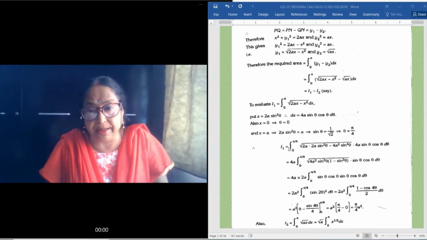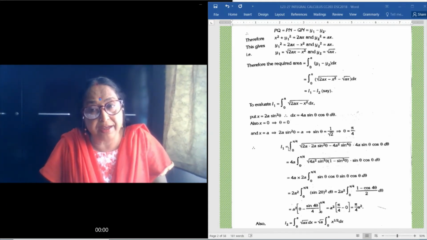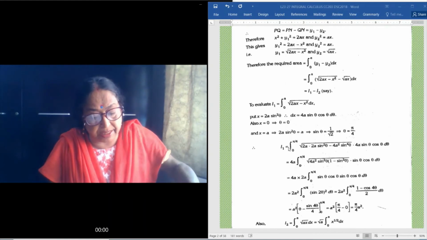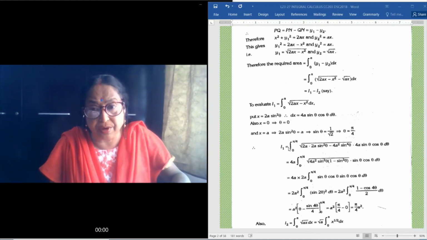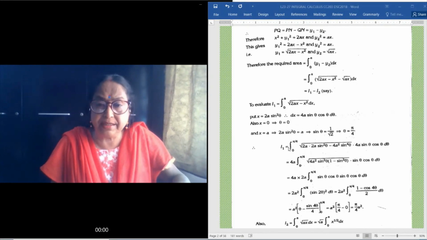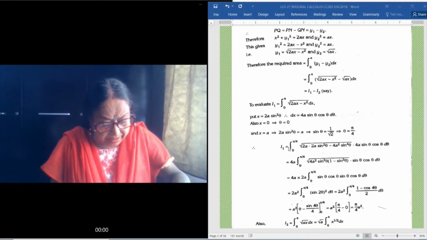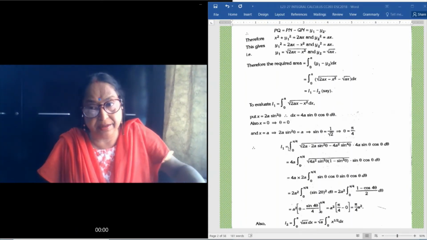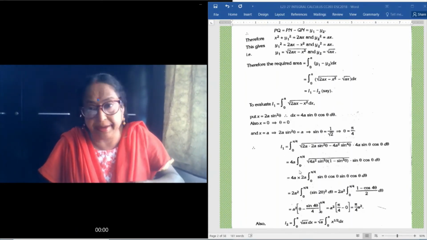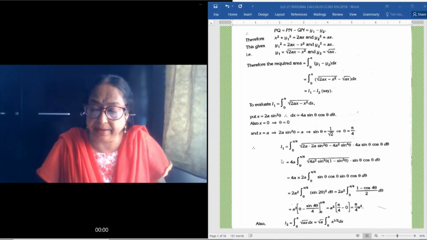Otherwise also you can do it in Cartesian form. But if you find it easy to calculate, then you change it into polar form, and then you know how to find the area, how to integrate it.